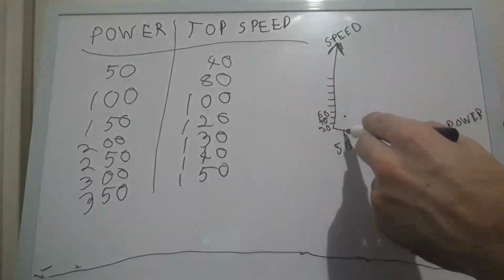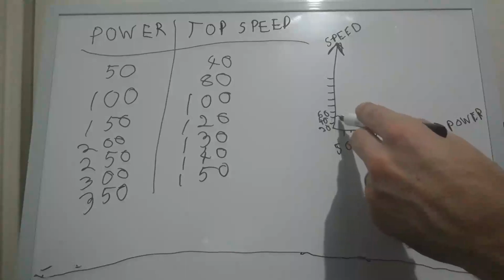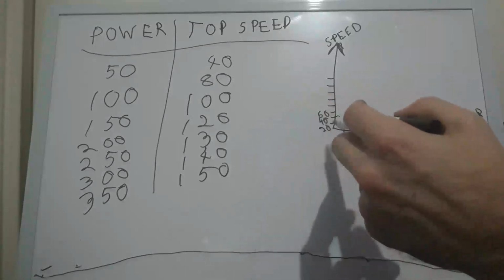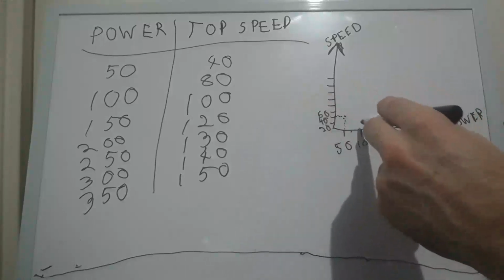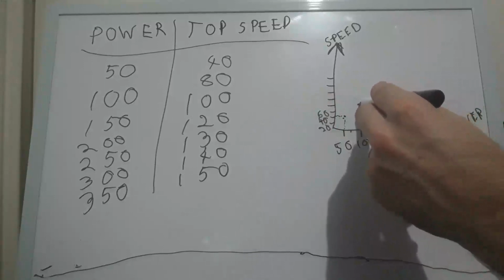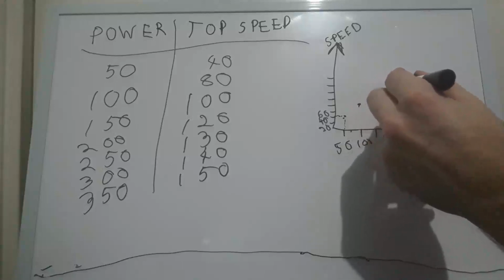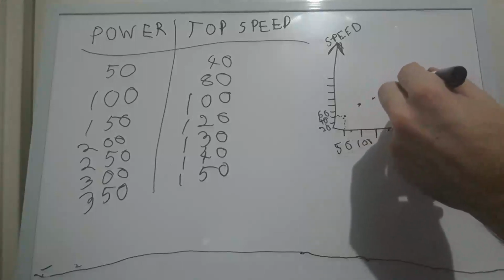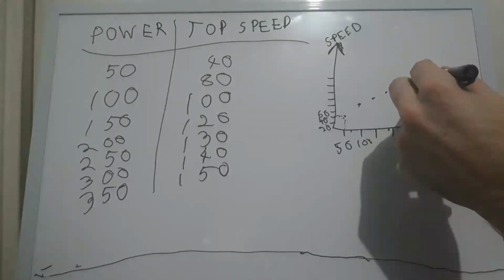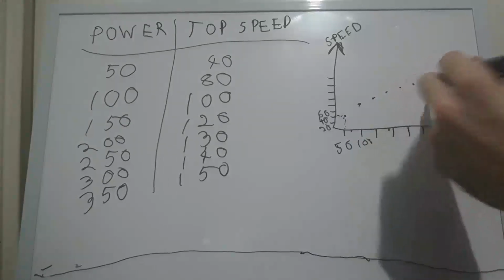So 50 is your power, 40 is your top speed. 100 goes up to 80, then the next one is hundreds, then 120, then 130, then 140, then 150.